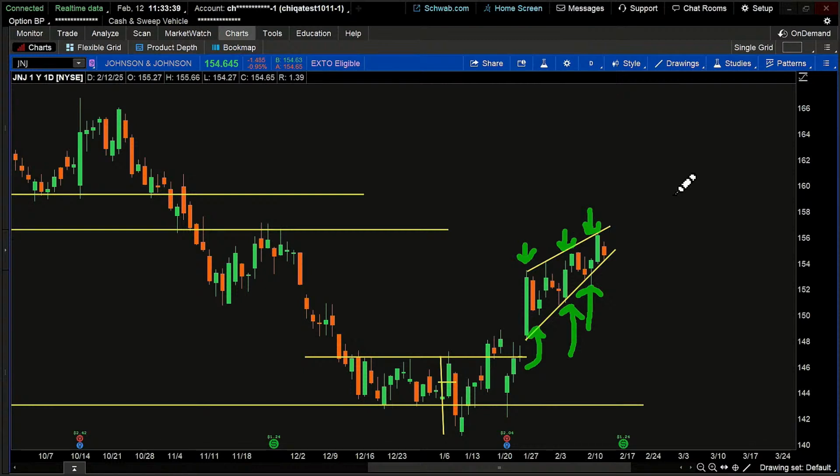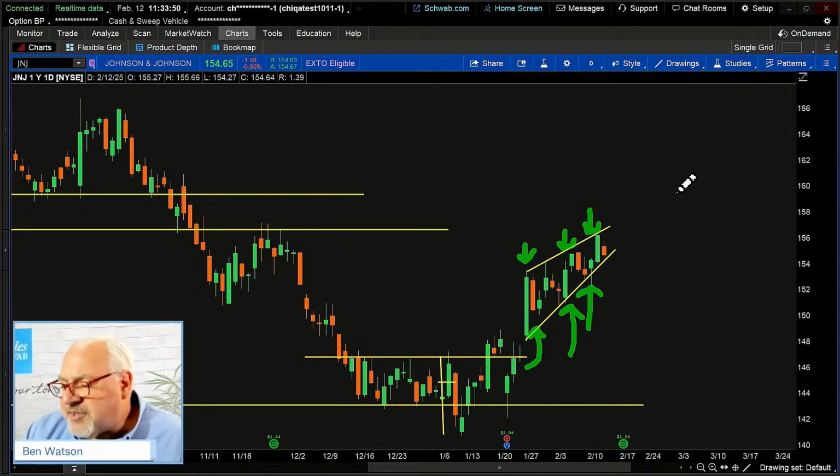Buyers buying, though, at a higher and higher price, buyers being willing to step in at a higher and higher price, that might be more exhaustive of buying pressure than those sellers selling at higher and higher prices, if that makes sense. So this rising wedge pattern oftentimes can be an exhaustion pattern.